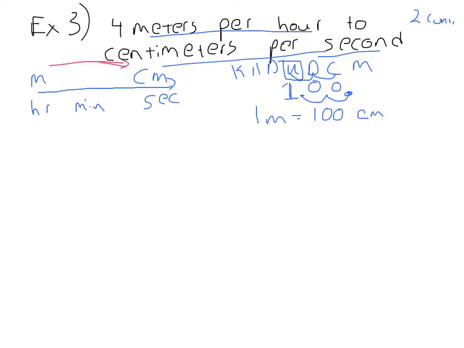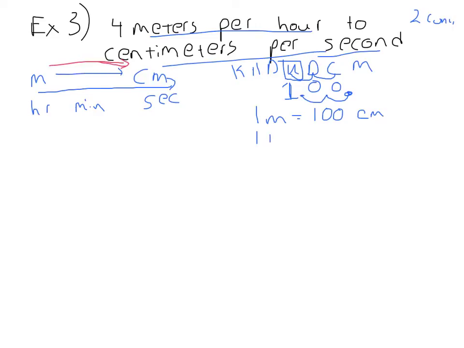Now, this is something that you should really memorize. If you picture a meter stick, which is about the same length as a yardstick, there are 100 little centimeters within that 1 meter stick. That's something you should probably just memorize for science, for math, both this year and in future years. So that's our conversion factor for meters to centimeters.